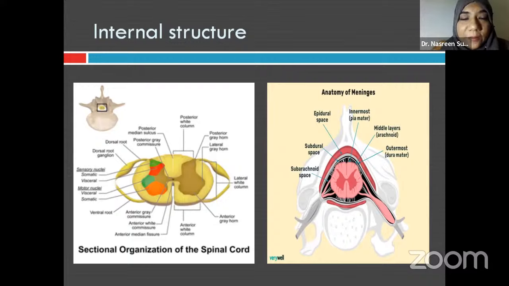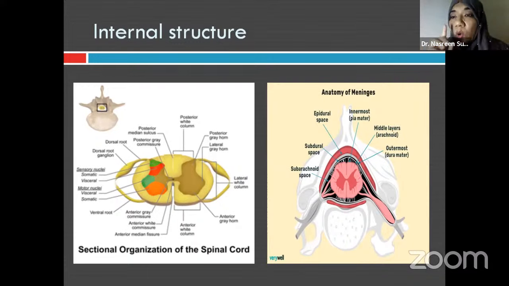So here you can see sensory nuclei, motor nuclei. It means that there are groups of cell bodies. Now from these cell bodies, the axons will be extending out, right? So those axons will be coming out of the spinal cord. While they are inside, they are in the CNS.